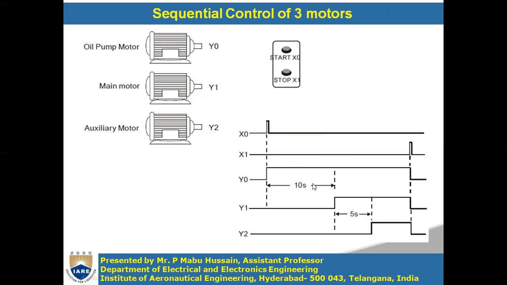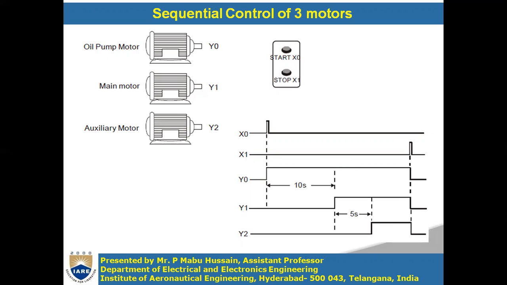After 10 seconds, Y1 will become on and wait for 5 seconds. After 5 seconds, Y2 will be on. Now all three motors will be running continuously until you press the stop button. So this is the sequential operation of three motors.